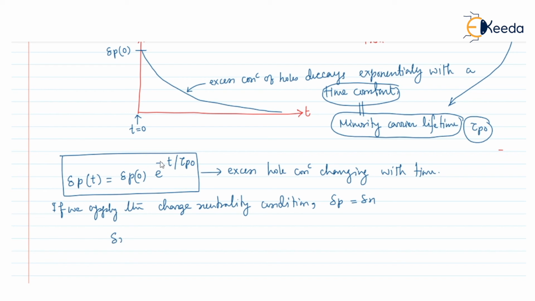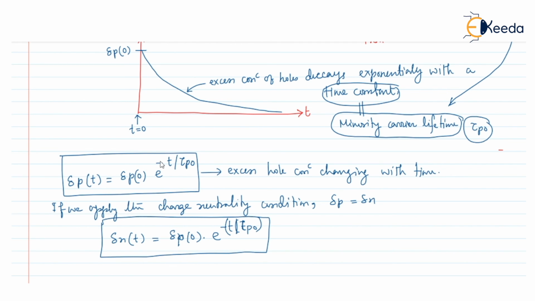So from this we can write that delta n of t will be equal to delta p0 e to the power minus t by tau p0. There will be the same equation for the excess electron concentration. In this way we can find the excess carrier concentration as a function of time. Thank you.